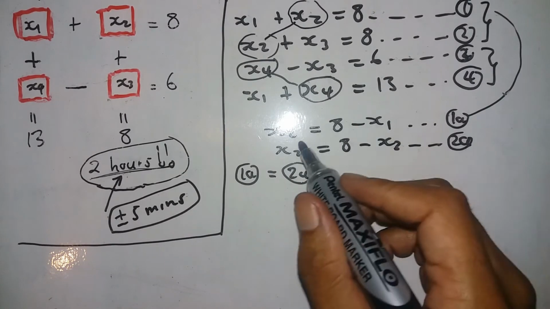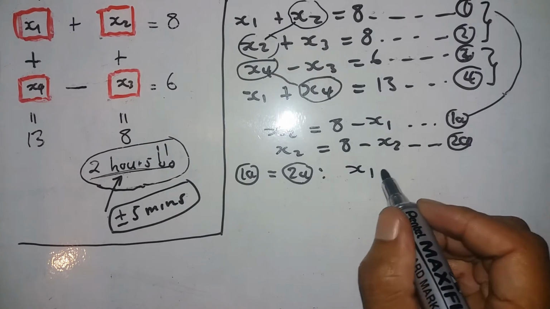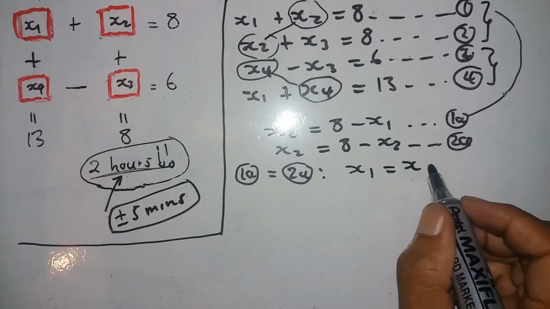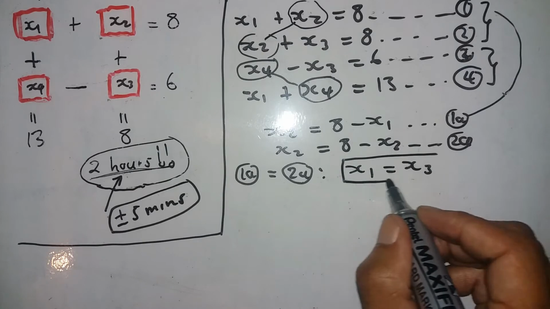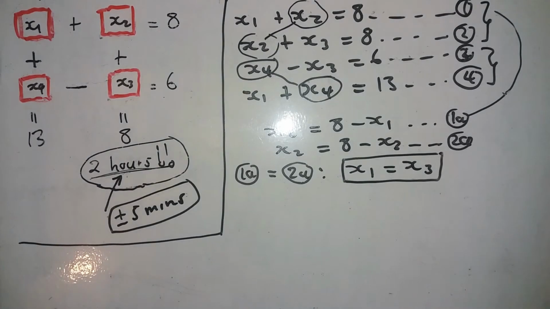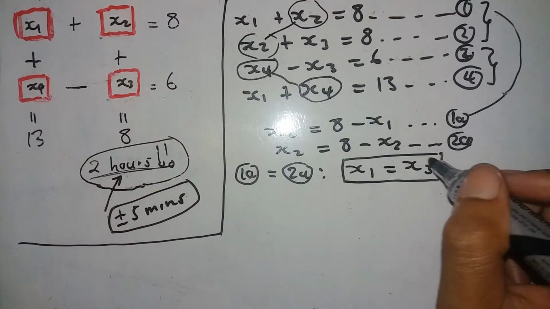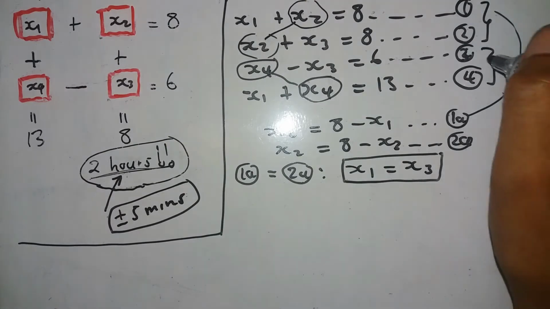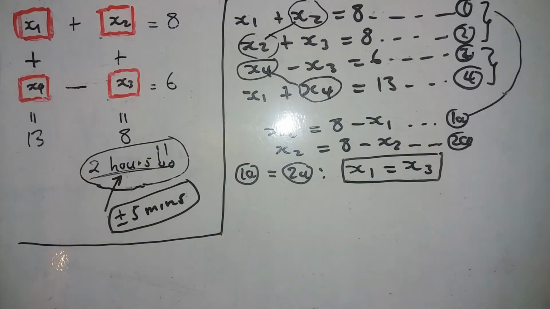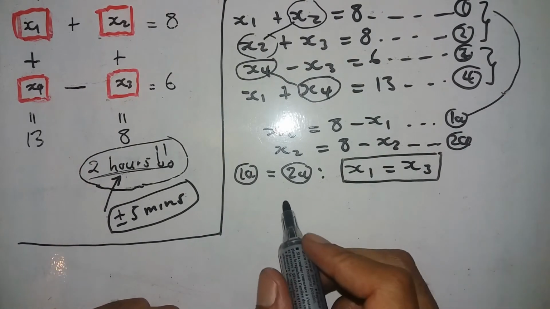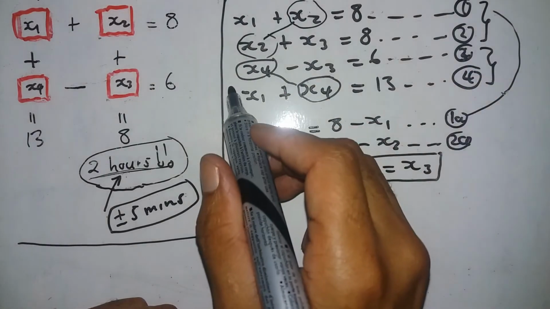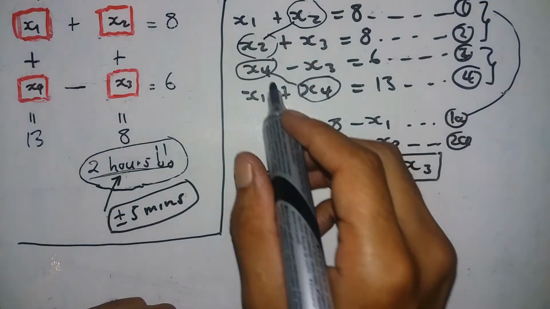By equating these two equations, you end up with x1 equal to x3. I just left it at this, but this statement is going to be useful after solving the last two equations.